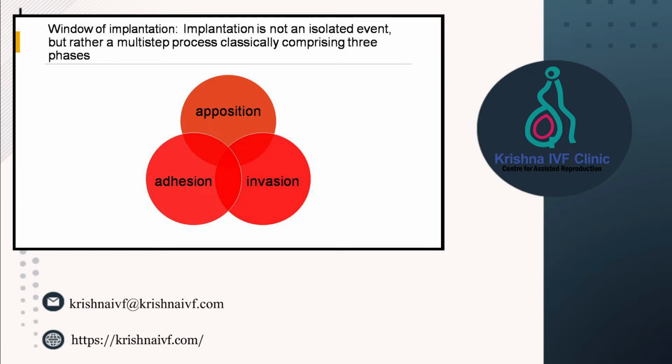The adhesion depends on the signaling of the mother, that's the endometrium signaling to the embryo, and the embryo signaling to the uterus. And then you come to the most important part, that is the invasion and the subsequent decidualization that happens, which has been translated into an area called the window of implantation.